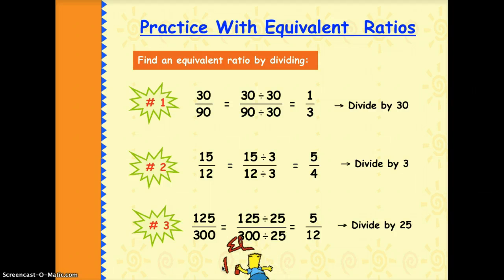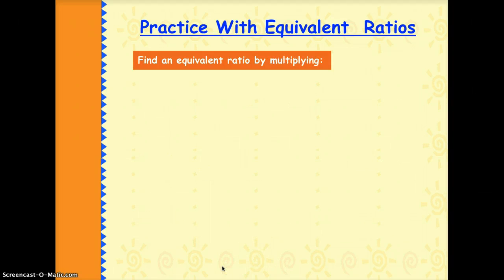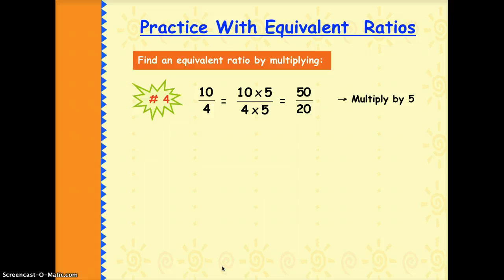Another way of finding equivalent ratio is by using multiplication. Example number 1 for multiplying, which is our number 4 example. If you have 10:4, or 10/4, if you multiply both numbers by 5, you will have 50/20. That means 10:4 is equivalent or the same as 50:20.